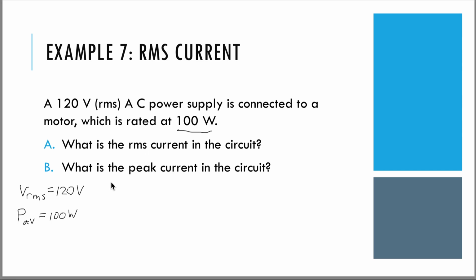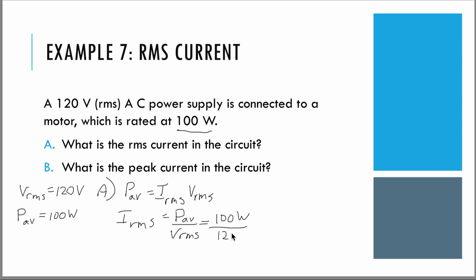So let's use the expression for power that has current and voltage: the average power equals IRMS times VRMS. All we have to do is divide by VRMS to solve for the current. IRMS equals the average power divided by VRMS. So we do 100 watts divided by 120 volts, and we get 0.83 amps.